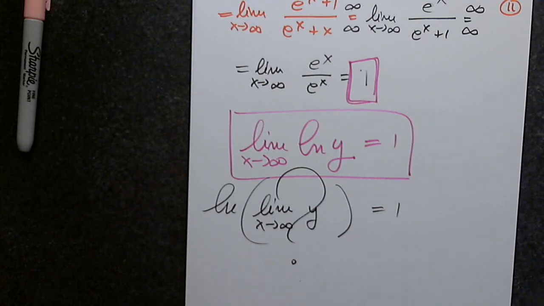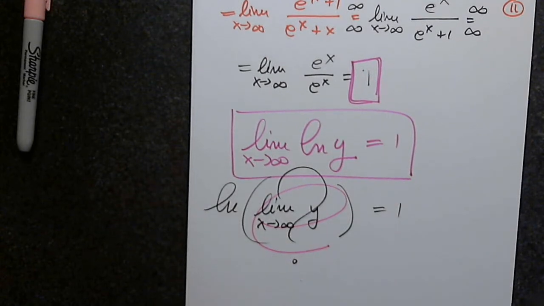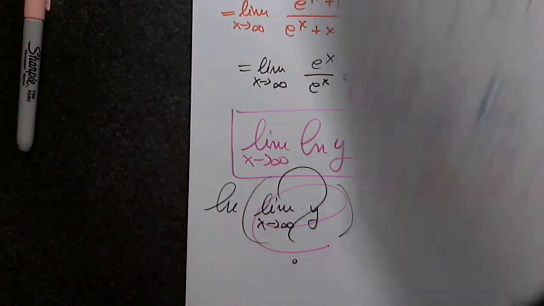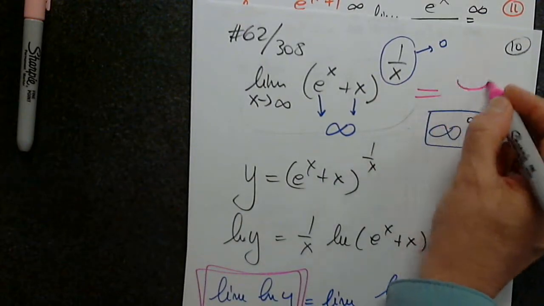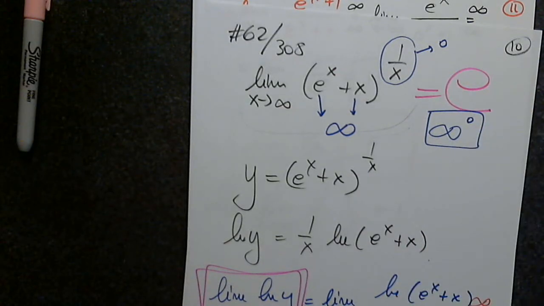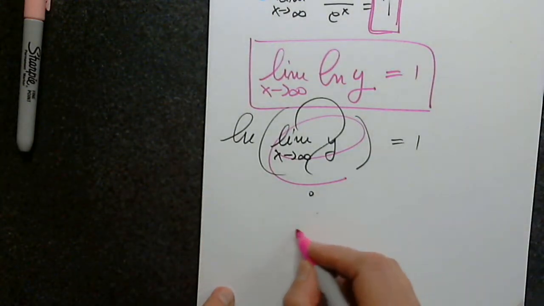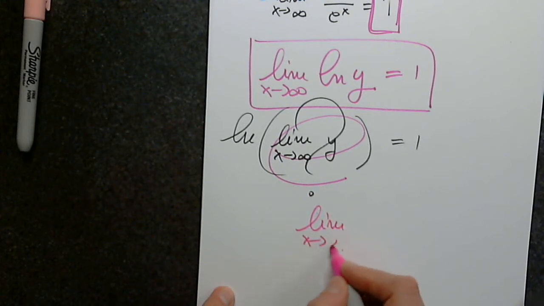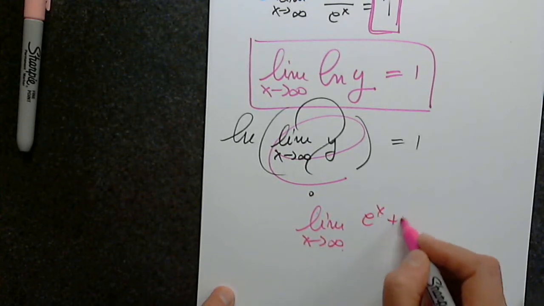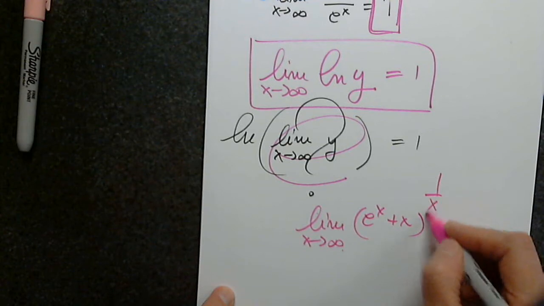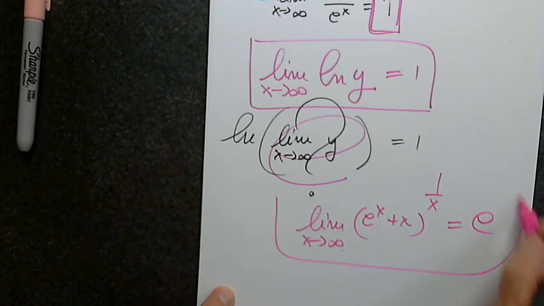There's no way there is anything else but e. So I finally have the answer. You didn't expect that, did you? That infinity raised to 0 turns out to be e. You can't say that you were expecting that. So then the limit as x approaches infinity of e to the x plus x, everything to 1 over x, is e.